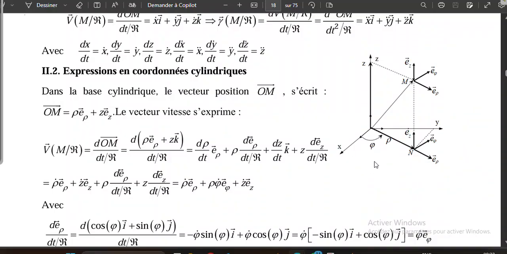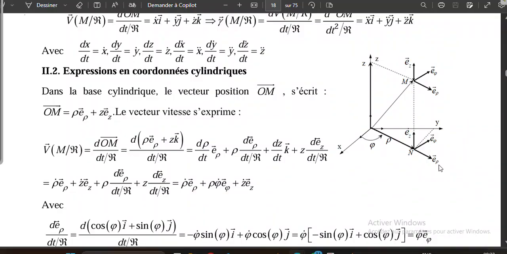I've overemphasized. Even you guys can see that this guy has overemphasized the coordinate systems. So the cylindrical coordinate system uses rho, the radius, and phi, the angle, and then you define e rho.